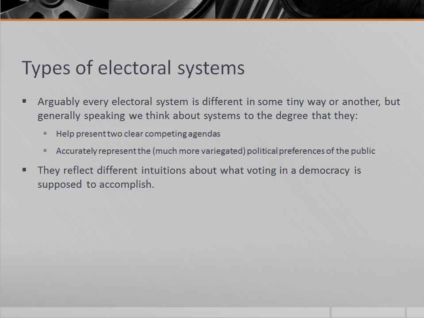So arguably, every electoral system is different in some tiny way or other, but generally speaking, we think about systems to the degree that they either help present two competing agendas, two clear competing agendas of what direction the country should go in, or they accurately represent the much more variegated political preferences of the public.